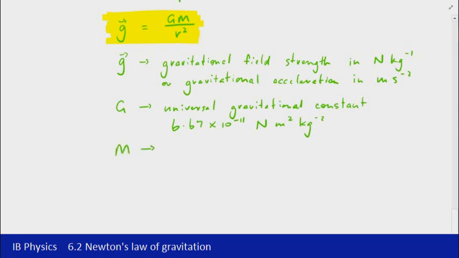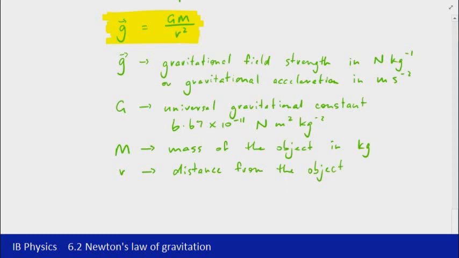M is the mass of the object around which we are interested, so it might be, say, the Earth or the Sun. That's measured in kilograms, and r is the distance from the center of mass of that object. So note that we're always looking for the distance from the center, and not just, say, the height above its surface. And the distance from the object center of mass will be in meters.